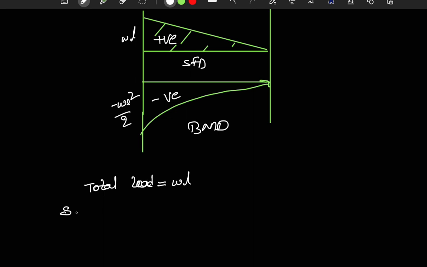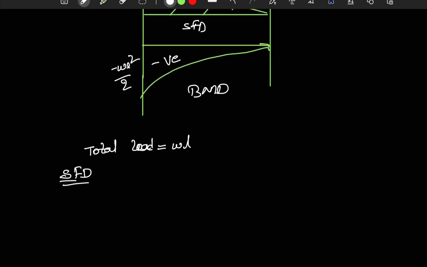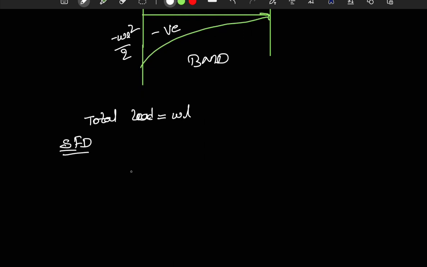Then the shear force diagram. SF at B is equal to 0.